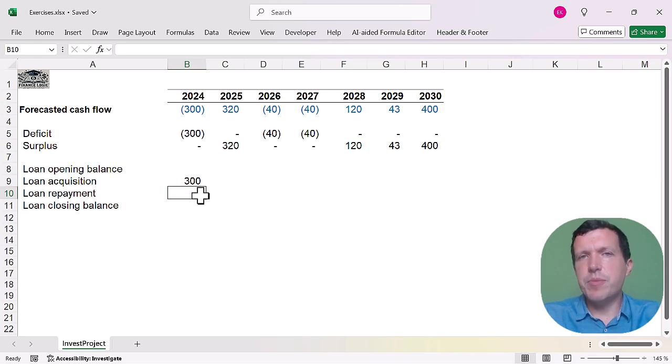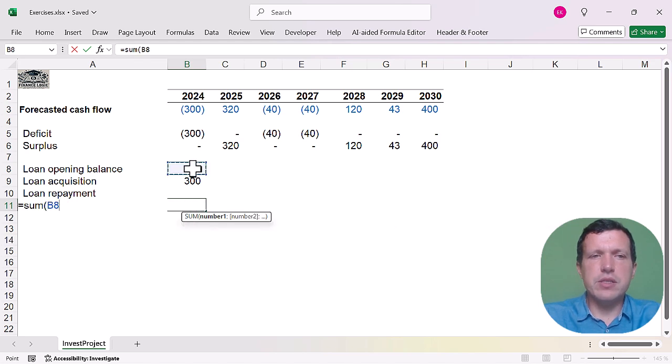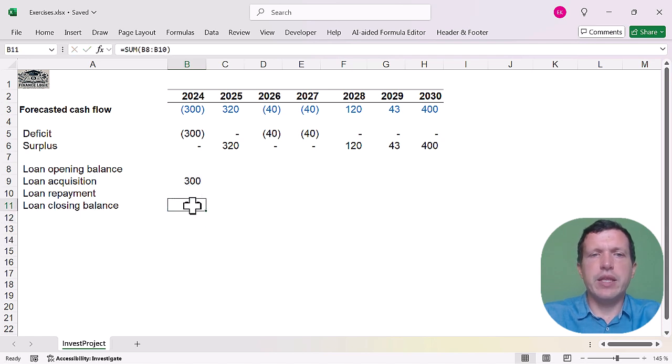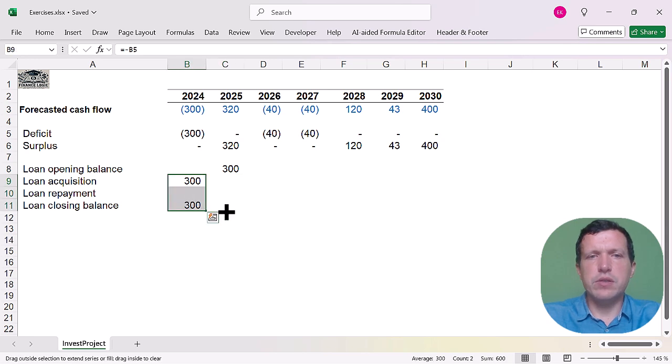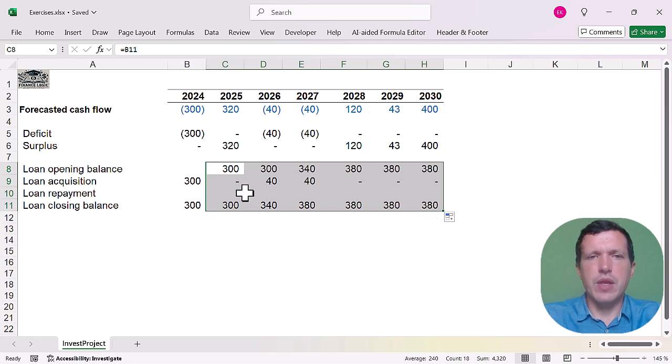That is why let's keep it for a moment and let's estimate our loan closing balance, that is sum of opening balance, loan acquisition and loan repayment. And let's carry forward our loan closing balance for 2024 to 2025. And let's copy two formulas that we have here. And let's copy all formulas that we have to all our periods.